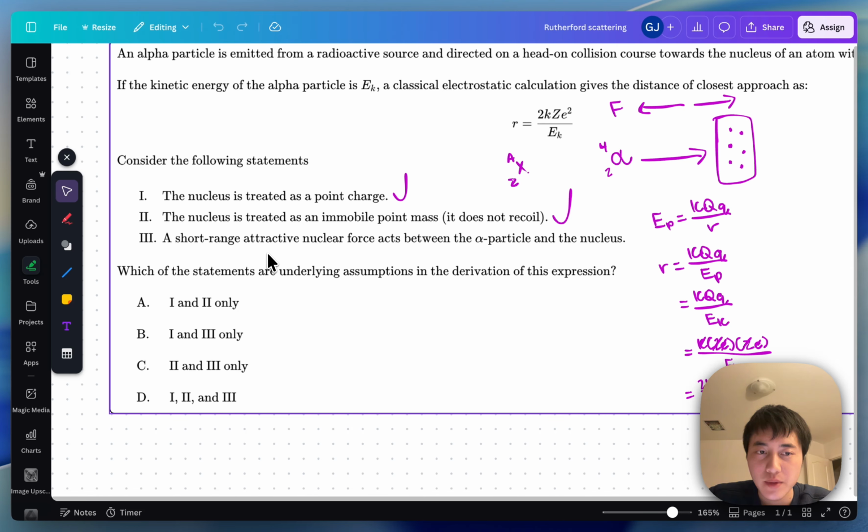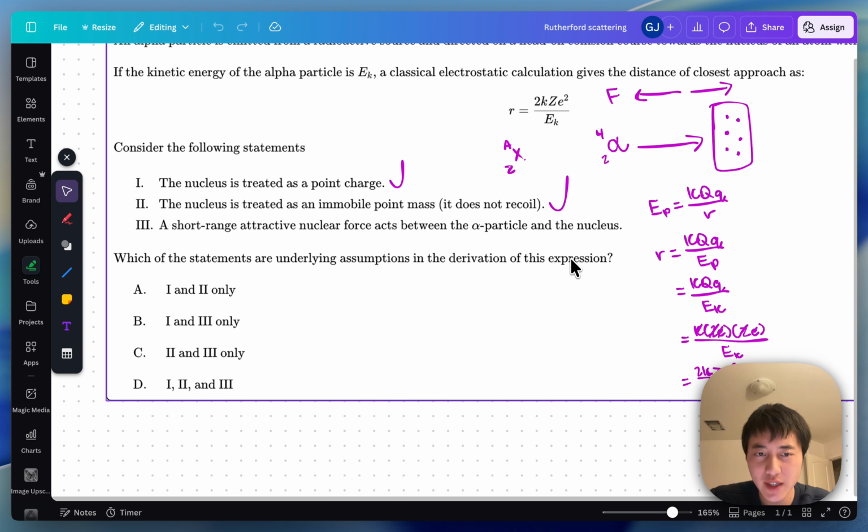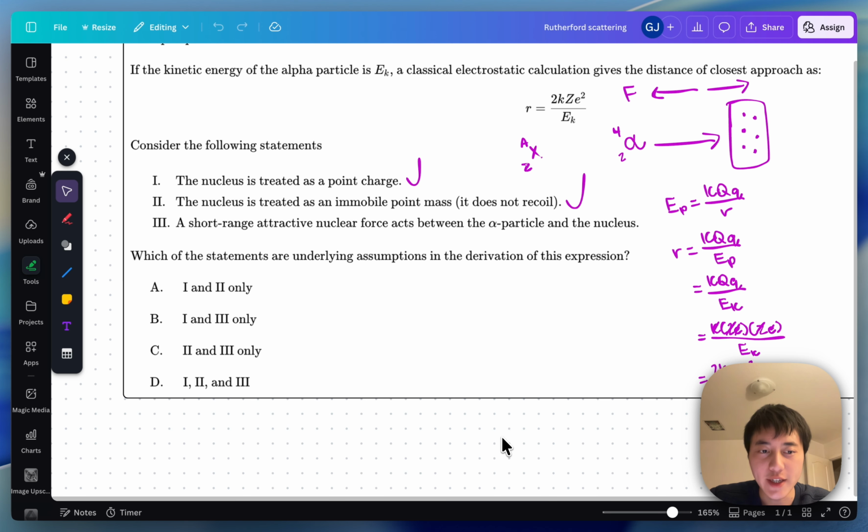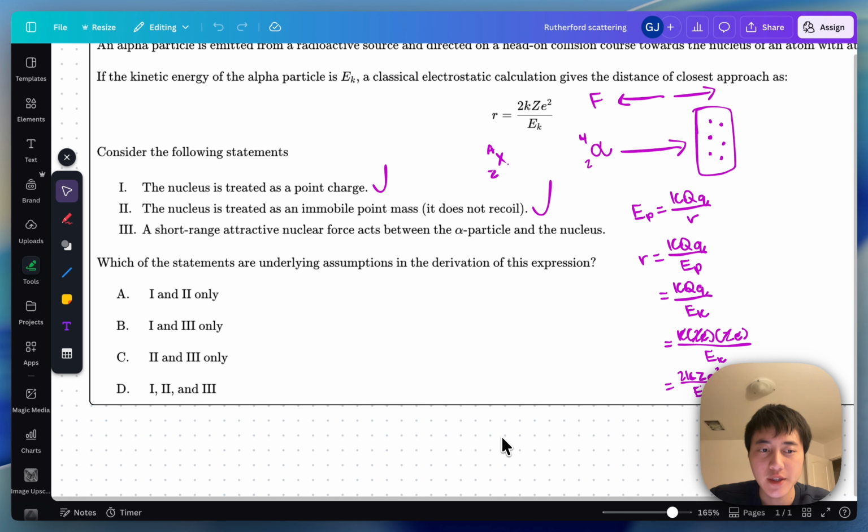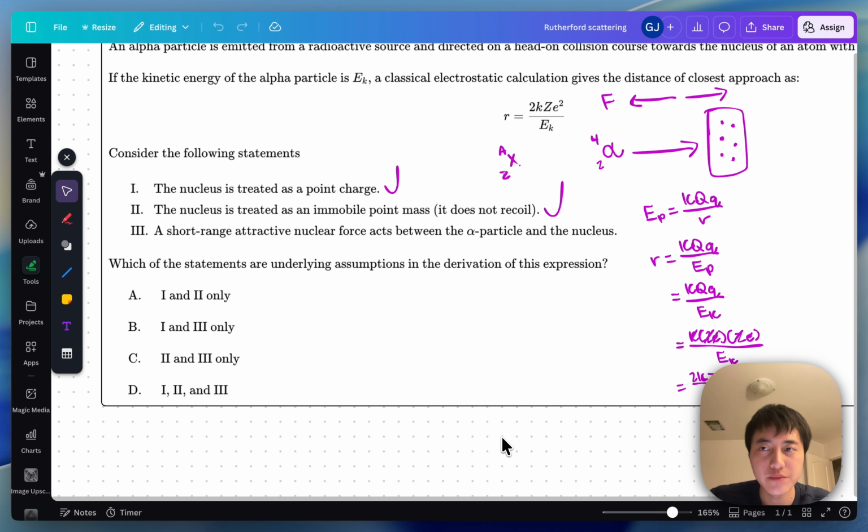A short range attractive nuclear force acts between the alpha particle and the nucleus. This is the HL part, because we learn about the deviations when kinetic energy is really high.